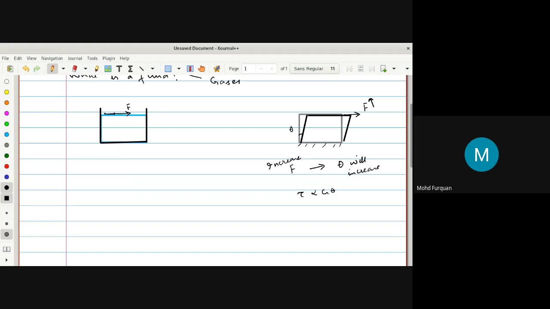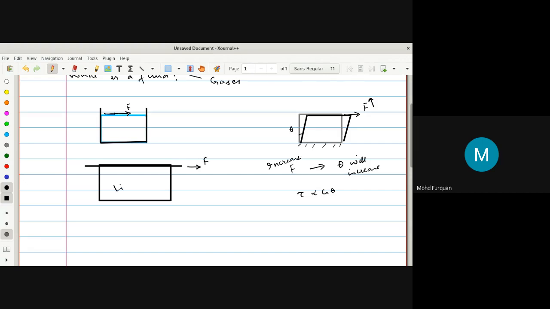Or what you can do is keep your liquid like this in a closed container, and you can have this plate, and you can pull this plate with a tangential force.